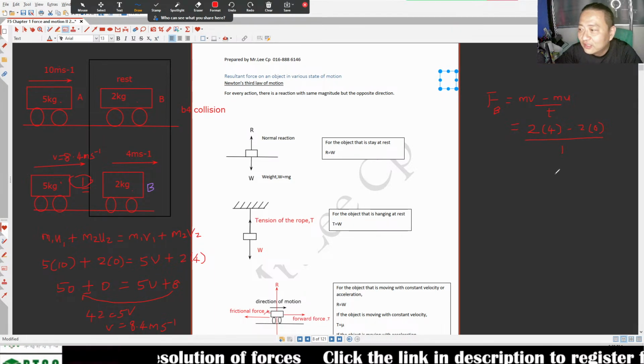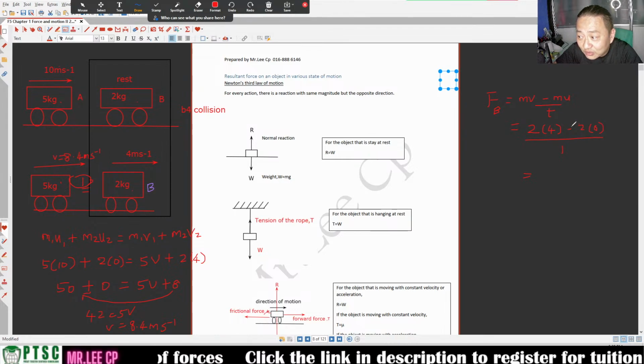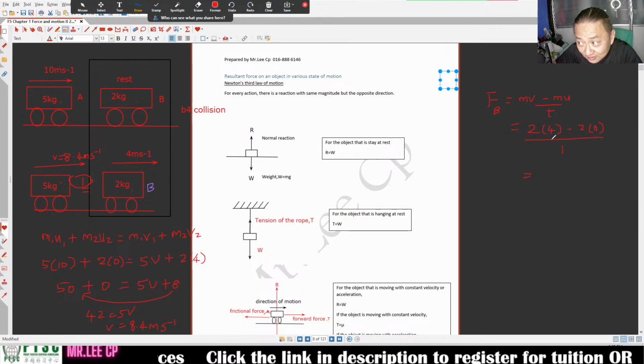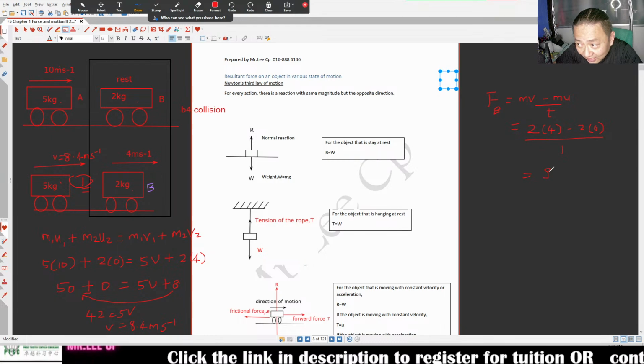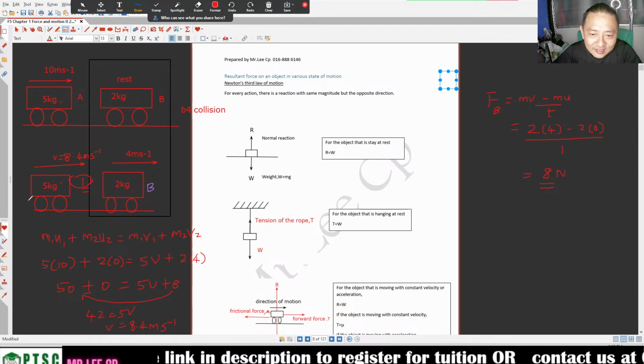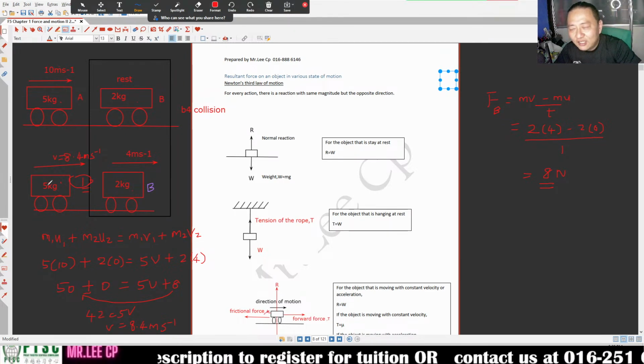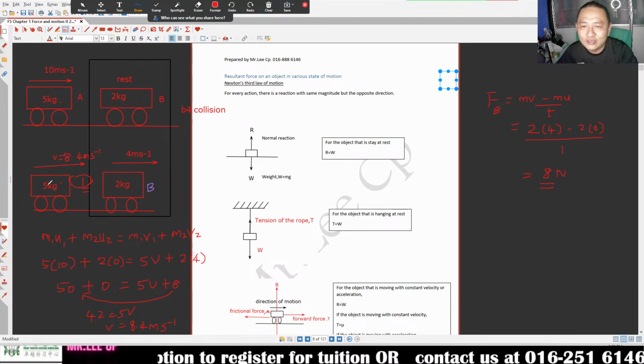So 8 minus 0 is 8, divided by 1 is 8 Newton. So trolley A hits B, you give B 8 Newton.